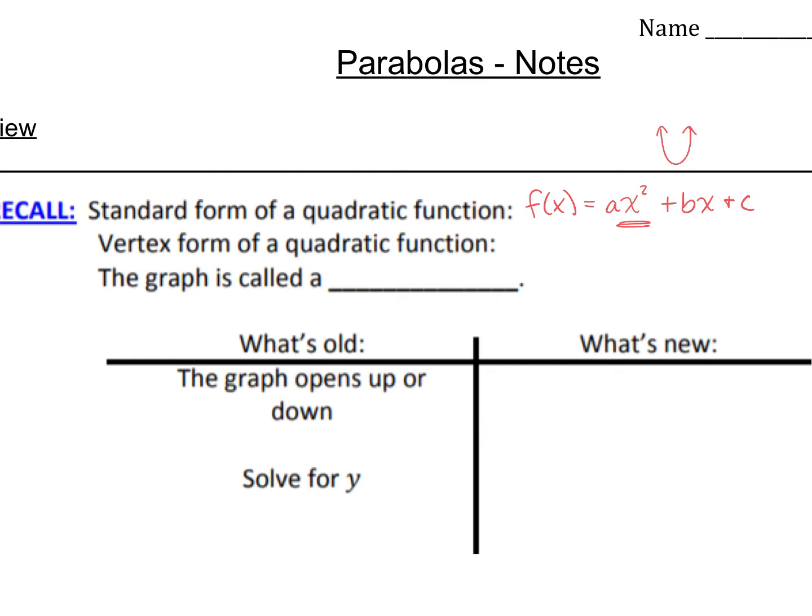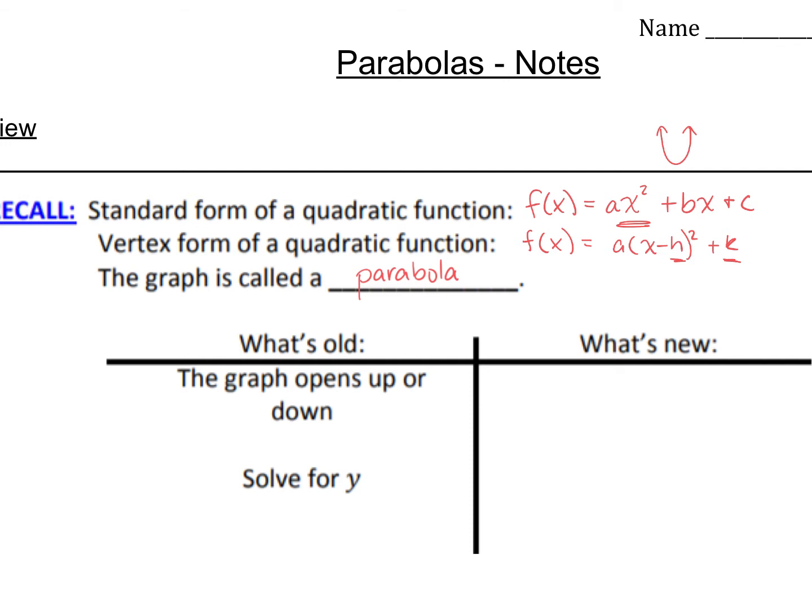We might not have dealt with this much, but vertex form is just another form of the equation for a quadratic where you can actually see the vertex. And we've dealt with this actually when we're talking about circles, right? You can see that vertex right there, that (h, k) is that vertex. And the graph for quadratics are always going to be called parabolas.